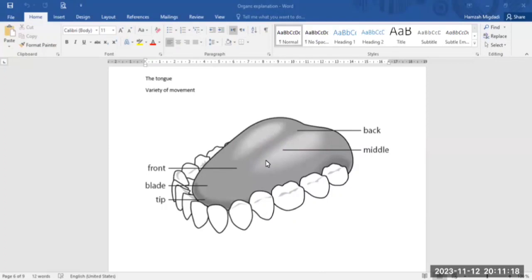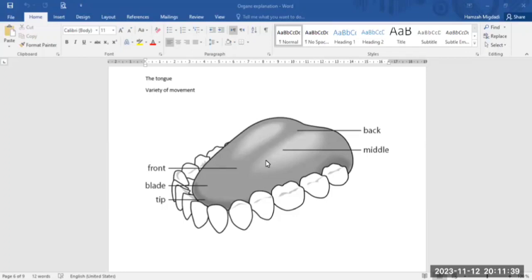Okay, now what's the difference between the tongue and the palate? I'll tell you. The palate has obvious parts. We have two main parts: hard palate, soft palate. But the tongue has no obvious parts.